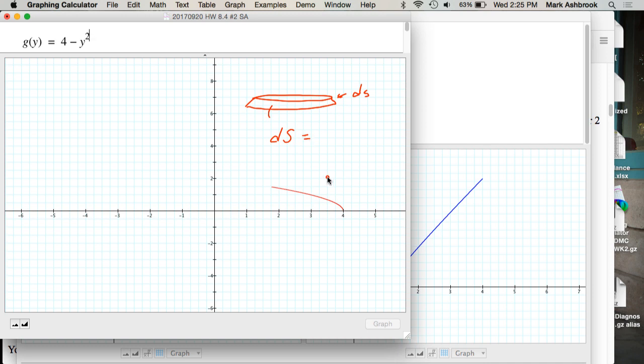Remember? So how would I get that little bit of area for that one ribbon? Where's Supin? So what will that little bit of surface area be? 2 pi.